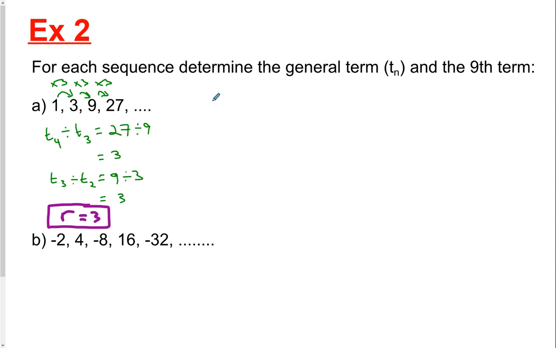My starting value, I can see it, it's right there, it's just 1. So I'll write that in as well. And then I can use those to get my general term. I'll go back to my equation, which is general term, Tn, is going to be a r to the n minus 1.